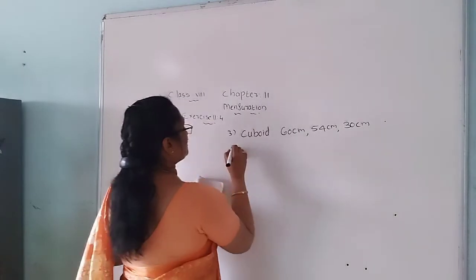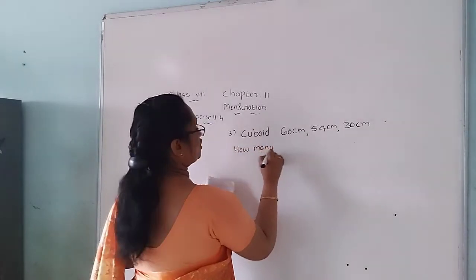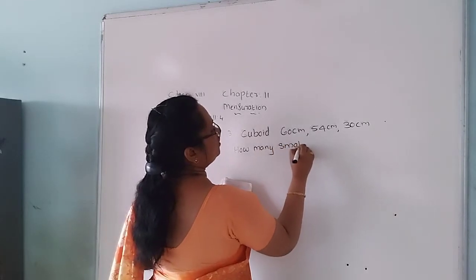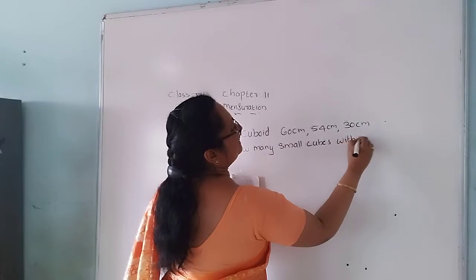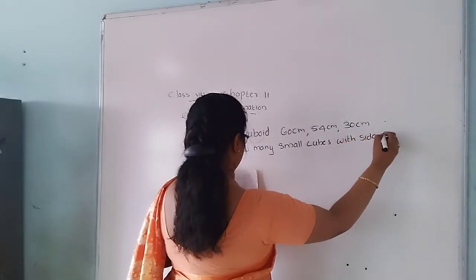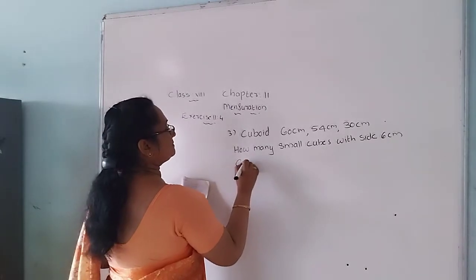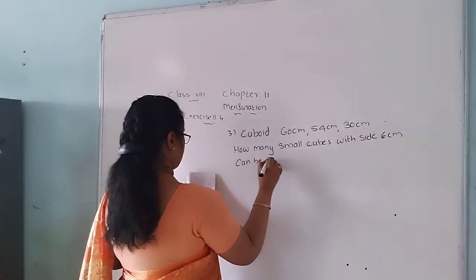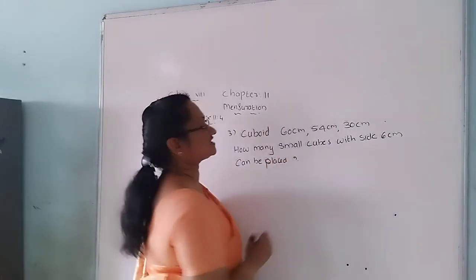Then they ask how many small cubes, with the side of the small cube given as 6 centimeter, can be placed inside this cuboid. That is the question.